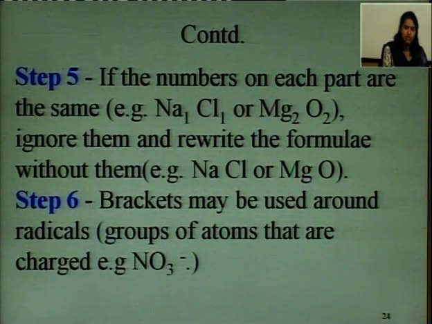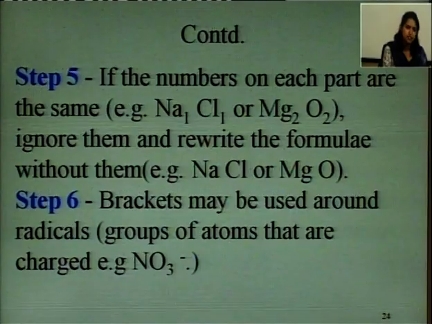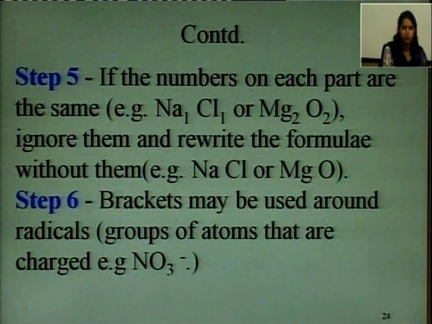If the numbers on each part are the same, for example, you can see in the example Na1Cl1 or Mg2O2, ignore them and rewrite the formula without them. Then the formula becomes NaCl or MgO.